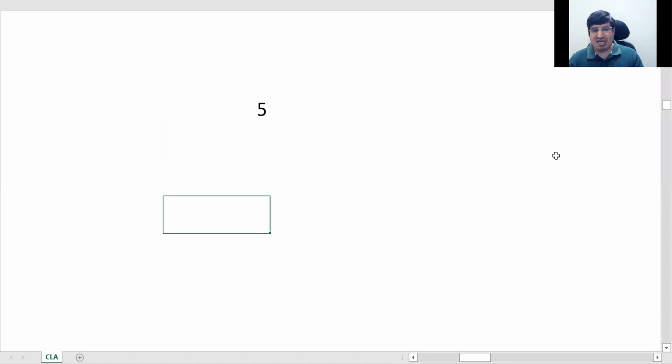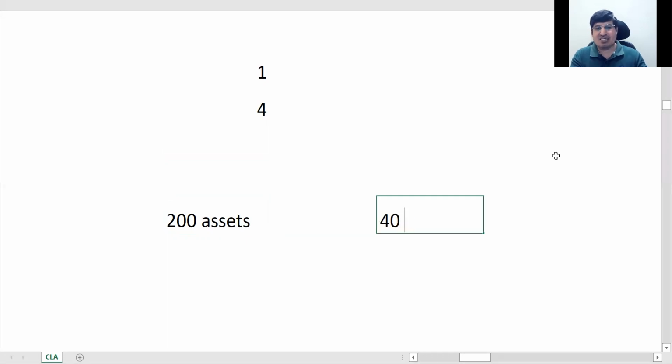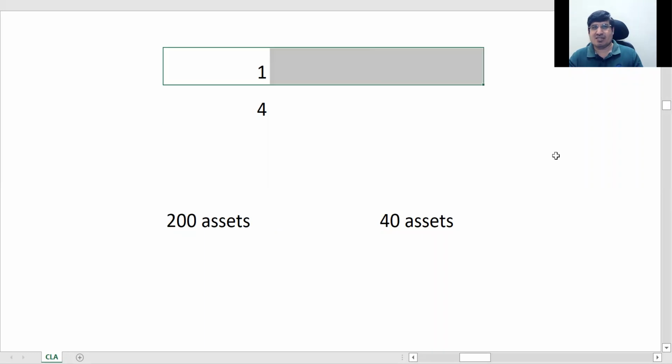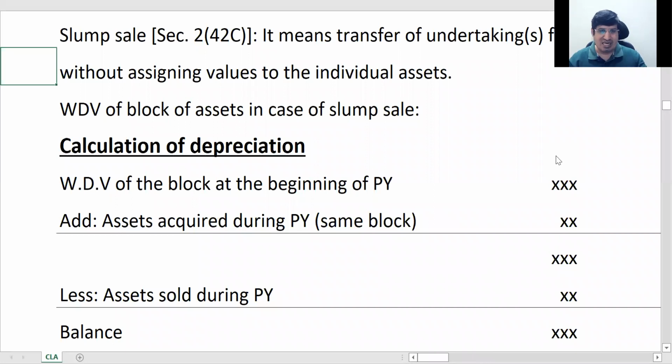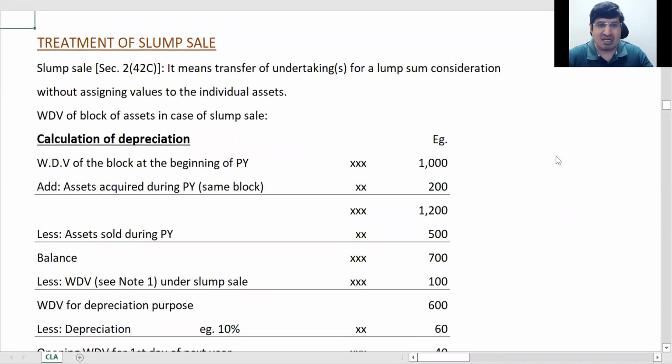Suppose ये पांचों मिला के you use assets as a pool, ठीक है, इसमें आपके पूरे 200 assets हैं. Now कुछ हुआ, आपने एक अंडरटेकिंग बेच दिया, now you have 4, 1 you have sold it, so इसमें से अब 40 assets निकल गए. Okay, so how will you treat it? वो है slump sale. ठीक है, तो कुछ भी इसमें ऐसा एडिशनल नहीं है, nothing different as such, slump sale में.